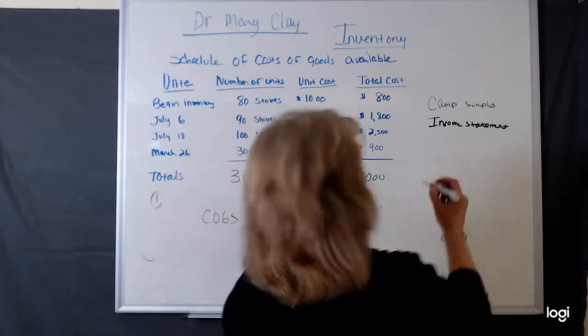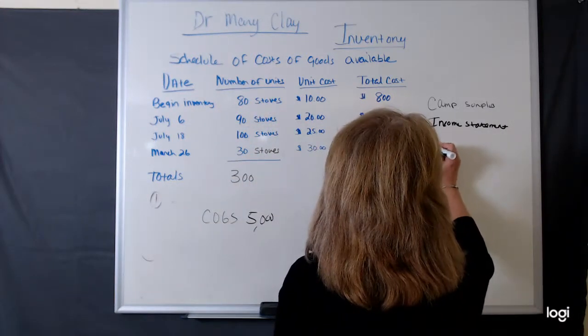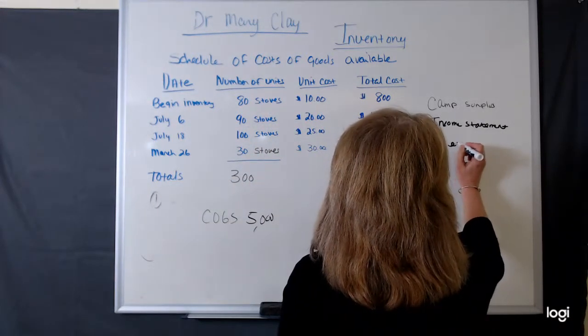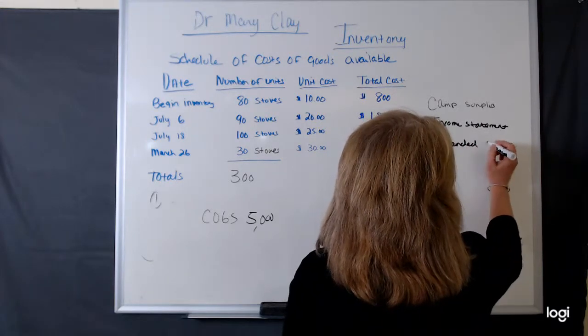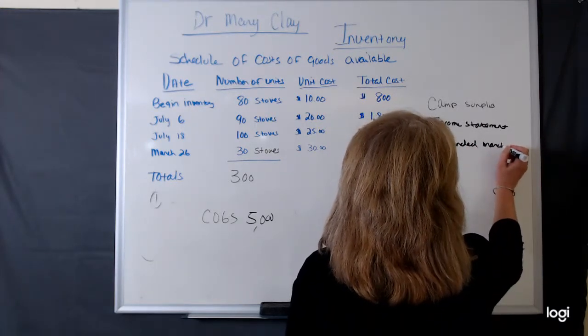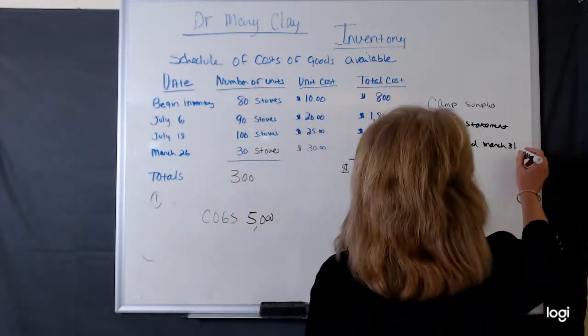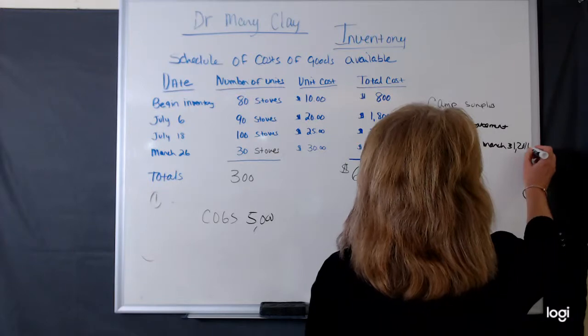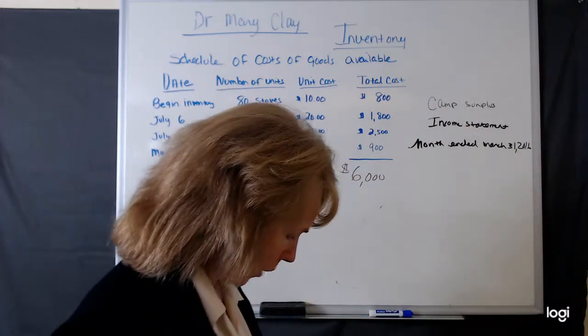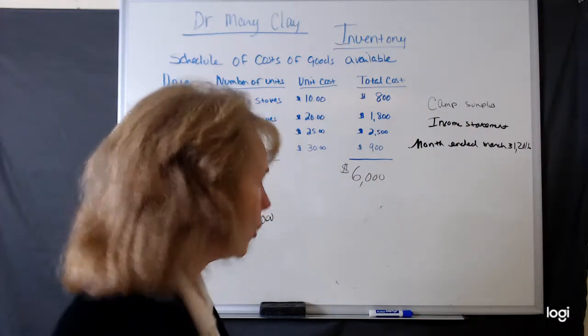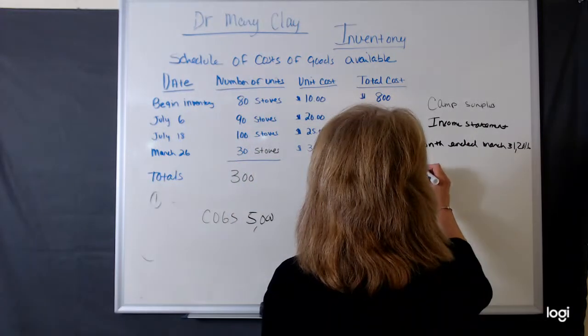The date is month ended March 31st, 2016. All right, so I look back at the problem, and again, my first item on my income statement will always be sales.